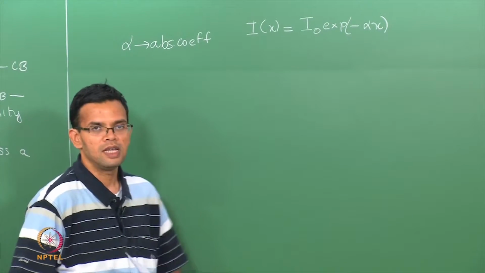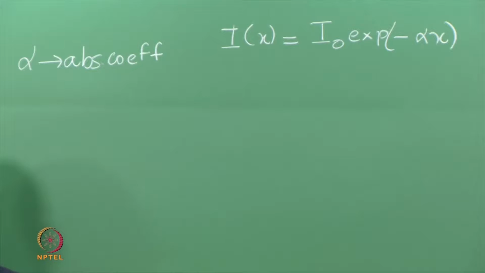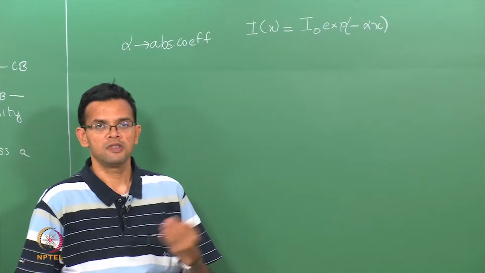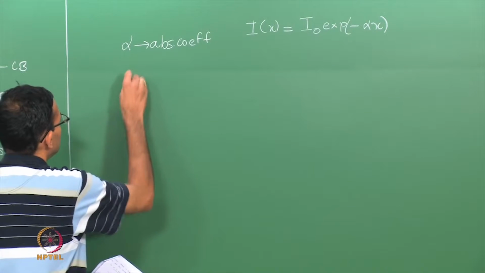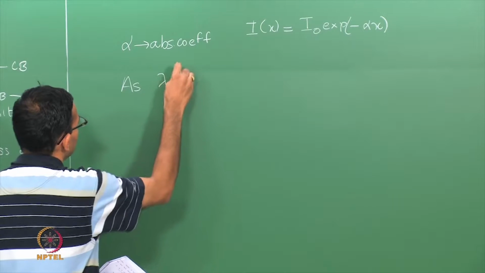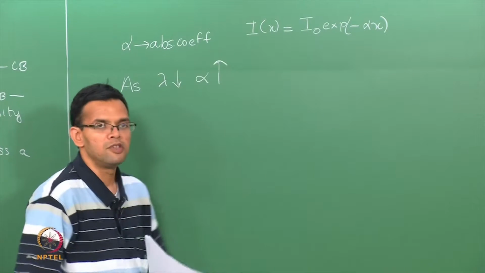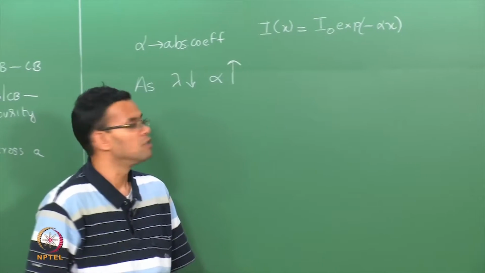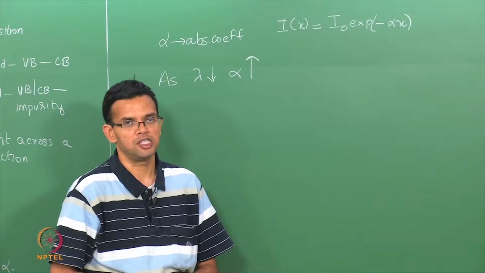So, I naught is the intensity at the surface, I of x is the intensity at some depth x, and alpha is your absorption coefficient. You have seen earlier that as the wavelength reduces, alpha increases, which means the light gets absorbed at a lower depth. So, this absorption coefficient determines the lower wavelength regime.